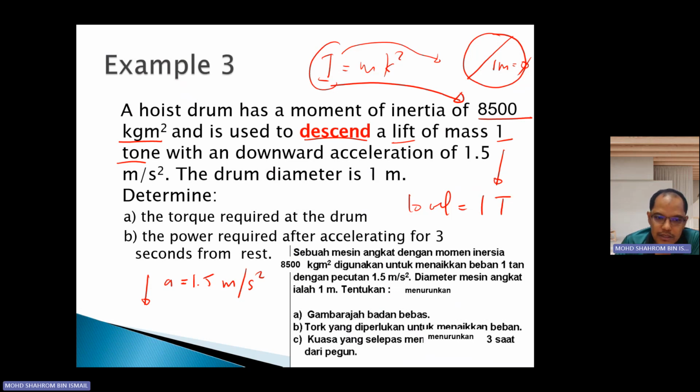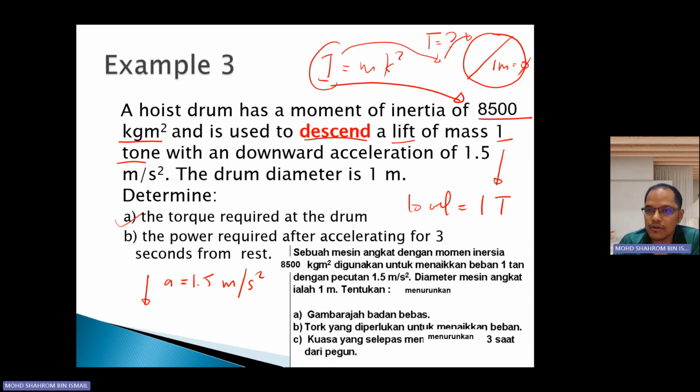So now the question is very clear. They want to know what the torque is. Since this is a descent motion, the torque is supposed to be in the clockwise direction.